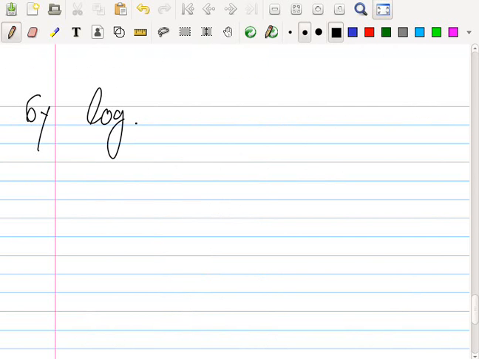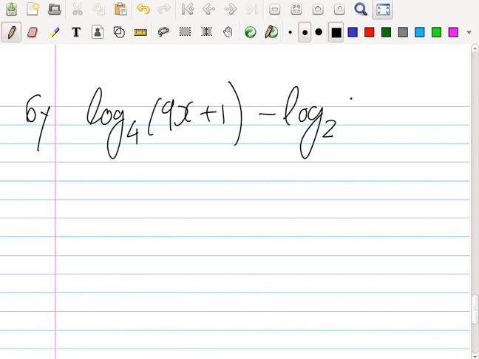Log base 4 of 9x plus 1, minus log base 2 of 6x plus 2 equals minus 1. Okay. Firstly, I cannot use the second rule of logs. Why not? Why can't I divide them? Base is different.